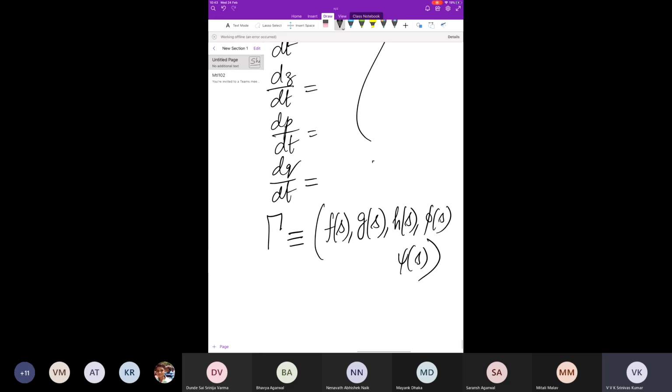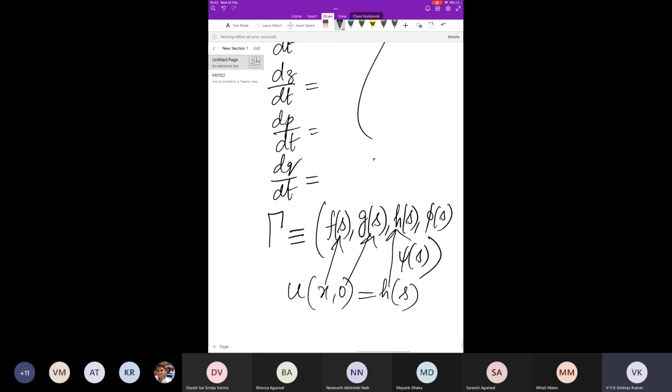If you are given an initial condition, fs is this, gs is this, hs is this. But what are phi s and psi s?